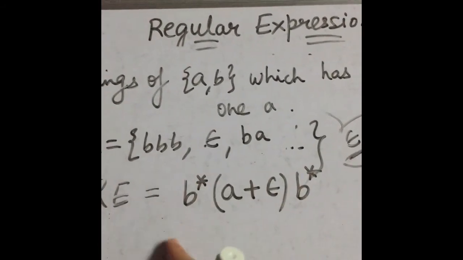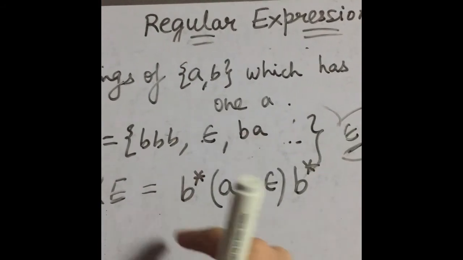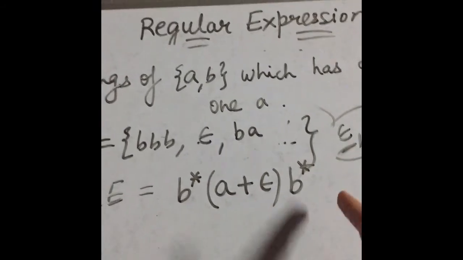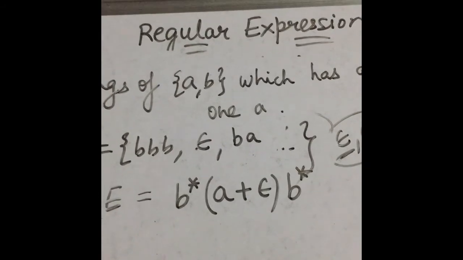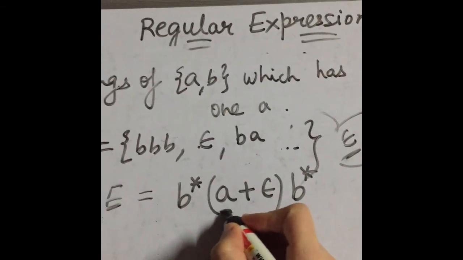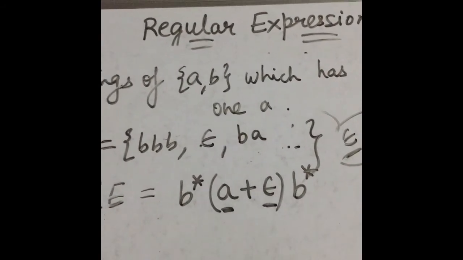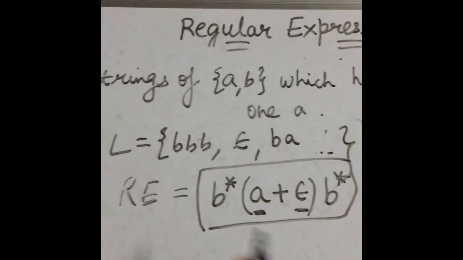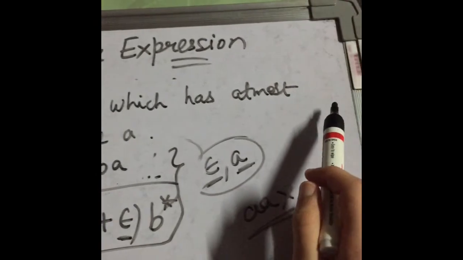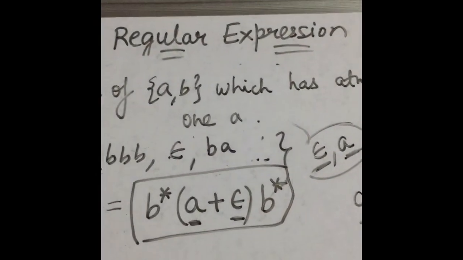Do you need a star or a plus on the whole regular expression? No, because you want a single a or no a's. So this is the regular expression for strings which have at most one a.